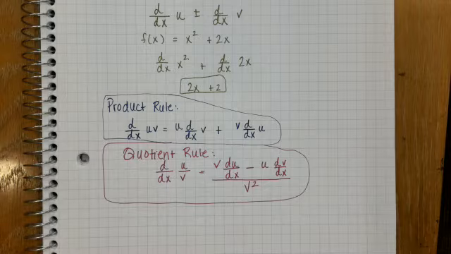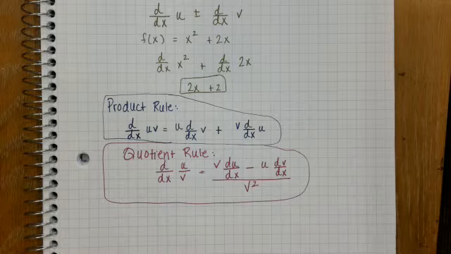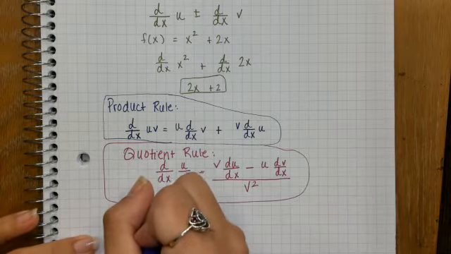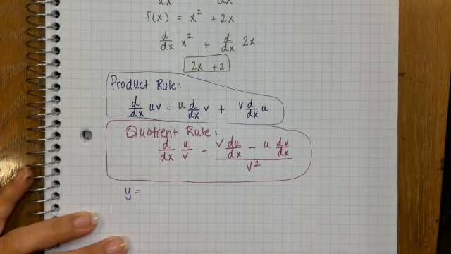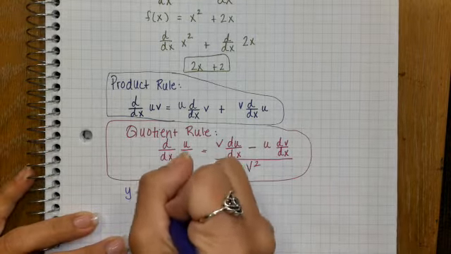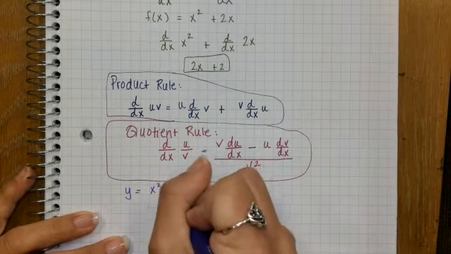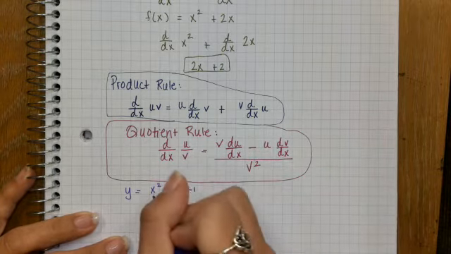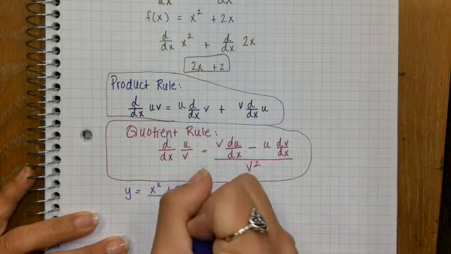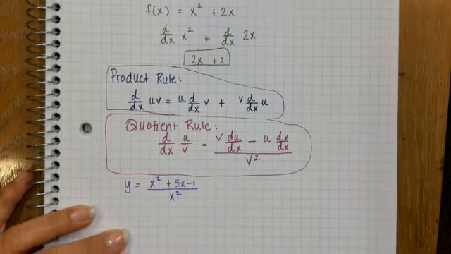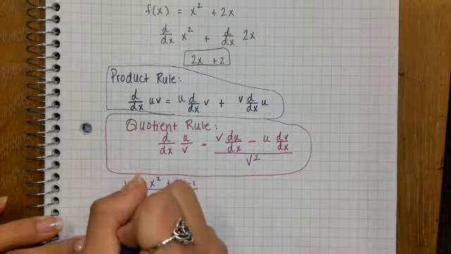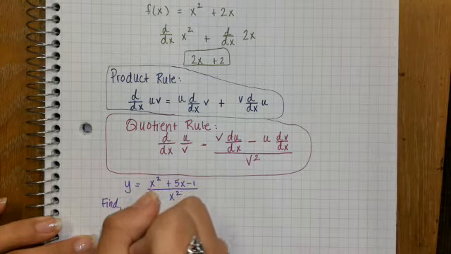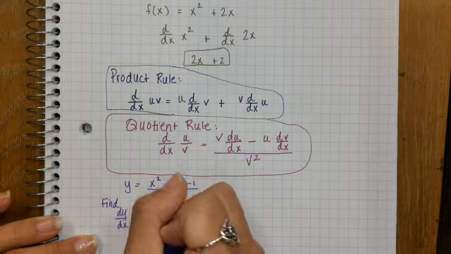So I'm going to do one problem and we're going to use both quotient and product. Okay, so let's say you are given y equals x squared plus 5x minus 1 all over x squared. Okay, and I want you to find the derivative. I want you to find dy dx, also known as y prime.